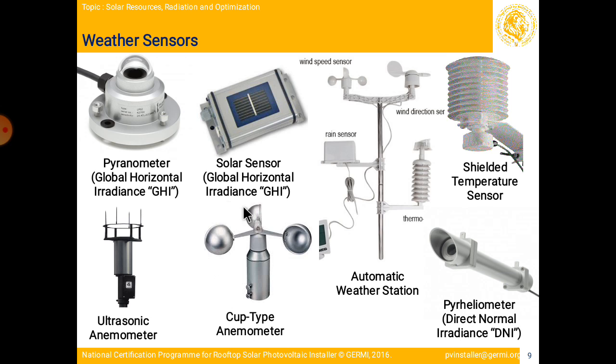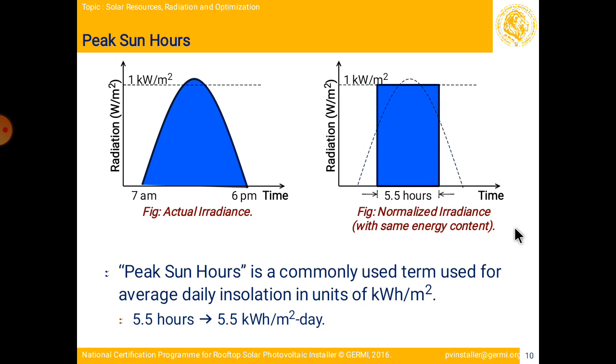Generally it is used to measure the wind speed, and this is the ultrasonic anemometer. The application of both anemometers is the same. So these are the devices which we use to measure the weather condition where we have placed our solar PV system for the electrical output.